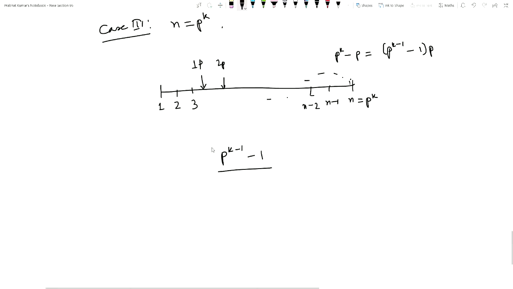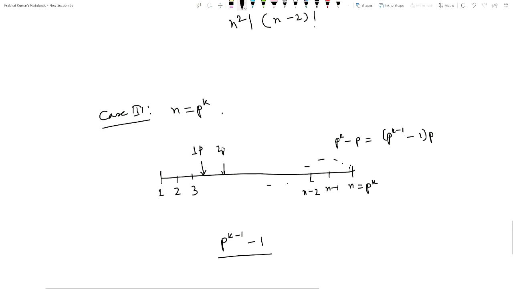As n is p to the power k, n square is p to the power 2k. If the number of p's here is greater than 2k, then the number of factors of p is greater than 2k.